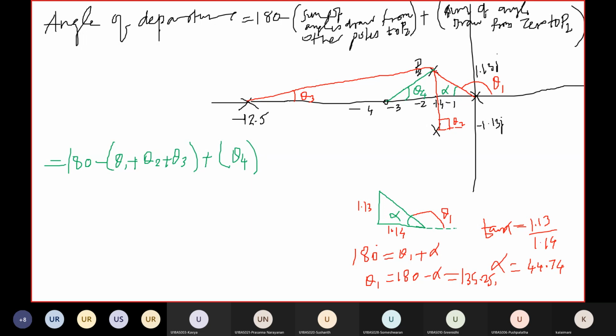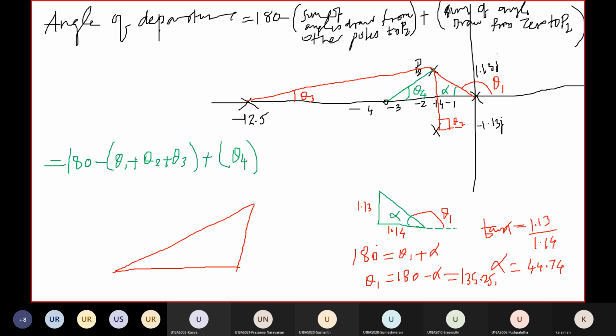Then theta 2: this is the mirror image of this pole, therefore it lies on a vertical. Then theta 2 is 90 degrees. Then how can you find theta 3? If I consider this a right angle triangle, from the origin to this point is 12.5.